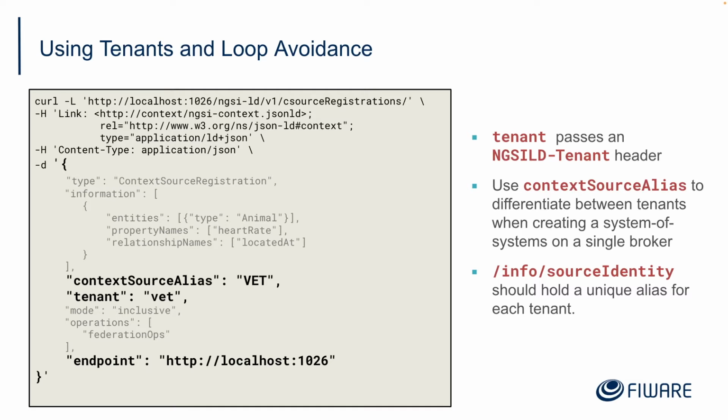Now, there is a header which the context broker should supply, which says, I am looping, which is the NGSI-LD warning header, which should be passed back up to the end user if one of these is found.